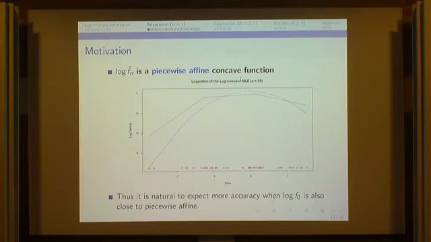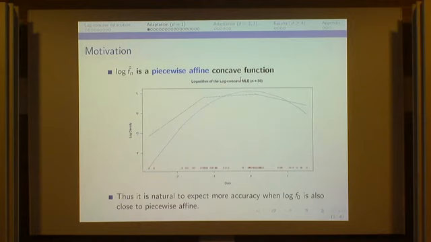From this truth, we obtain a sample of size 50, and I drew it with the red dots here. With this sample, we can calculate the log-concave MLE with our package. Then I took the log of that log-concave MLE and plotted it here, which is a piecewise affine concave function.